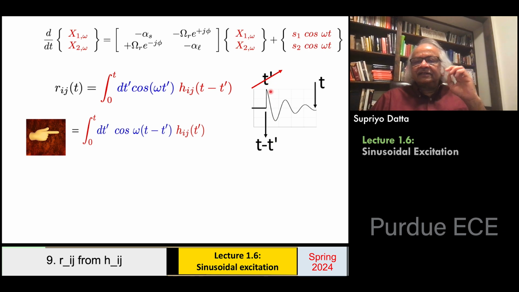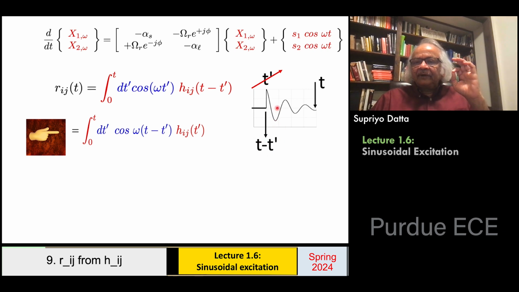So in other words, previously the idea was I'm interested at time t, and t prime is the time when the source was active. And then I have to add up over all t prime. But right now, the transformation takes the t prime and replaces it with t minus t prime.